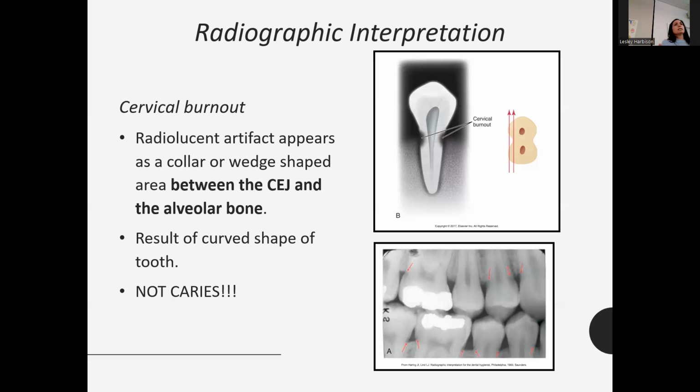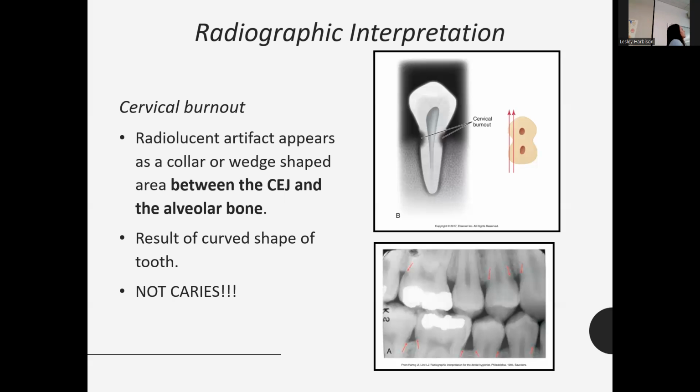So it's not something you'll see uniformly on everybody. It's just a variation in anatomy. The cause is literally the shape of the roots, but that's going to vary from person to person.